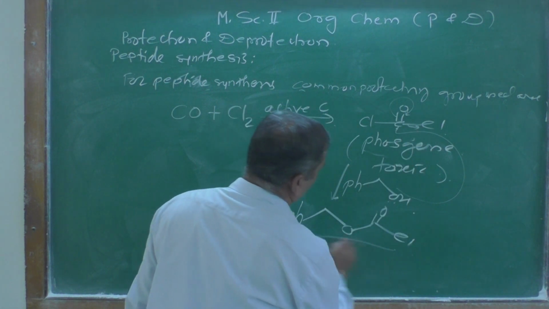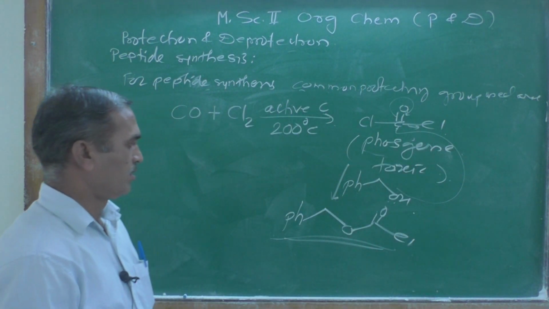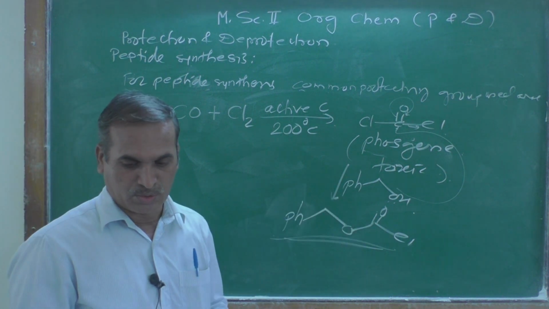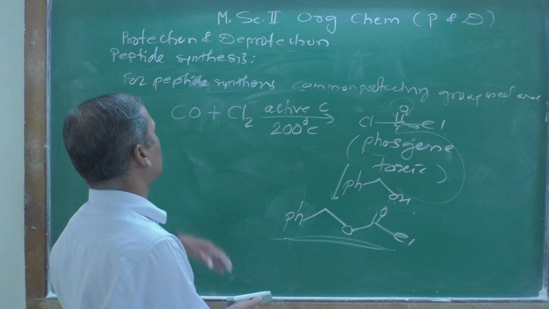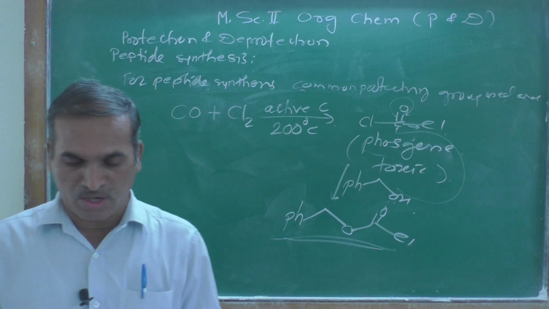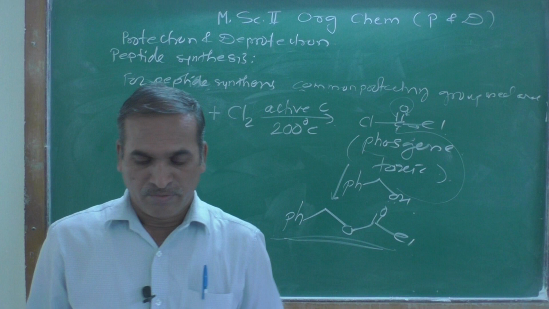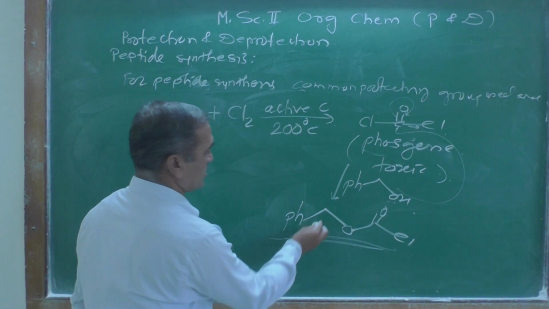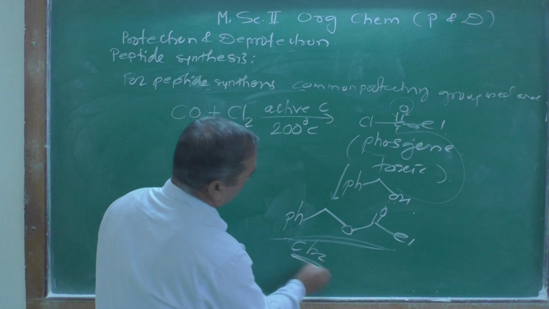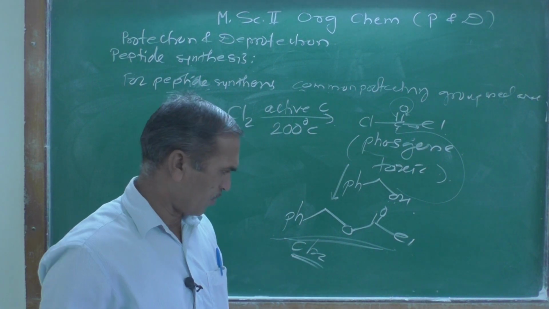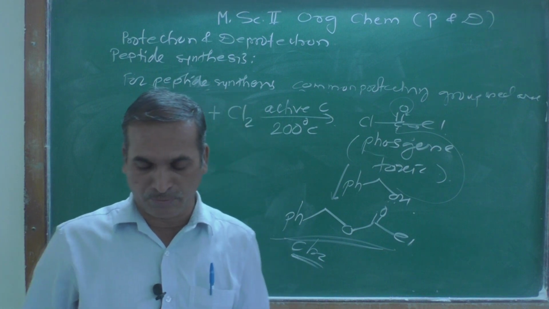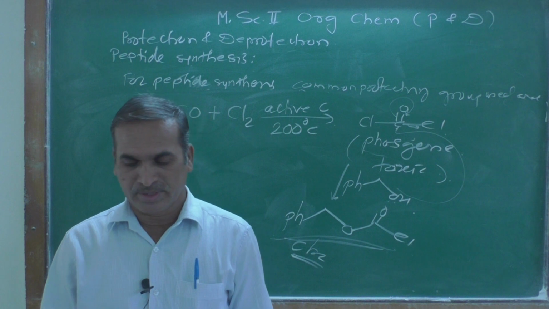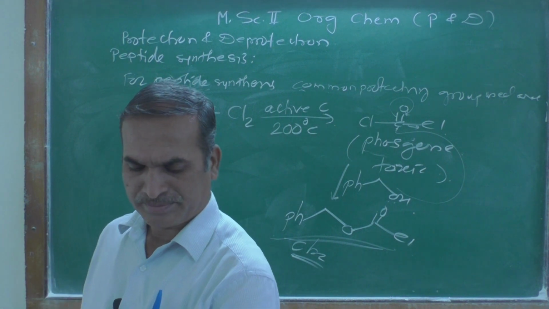So this is known as benzyl chloroformate, the CBZ group, and it is used for the protection of the amino group. For deprotection, this is the CBZ group we got here, the carboxybenzyl group.